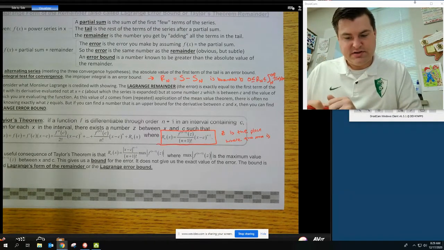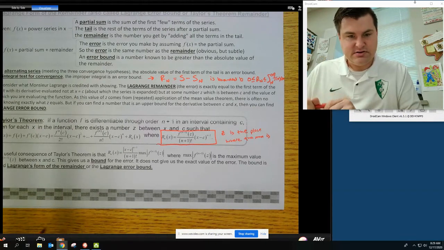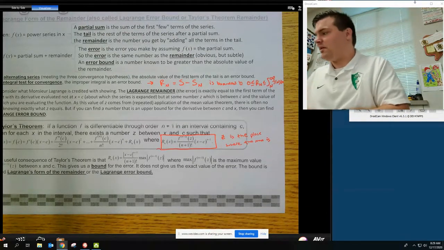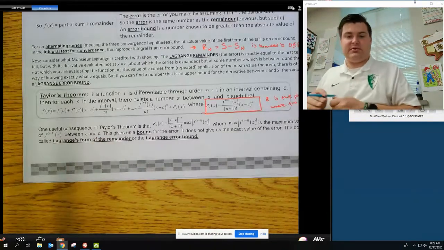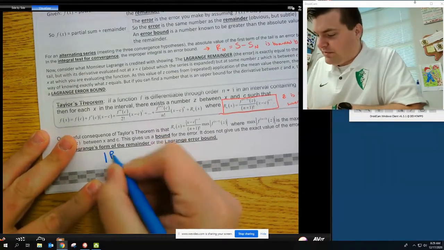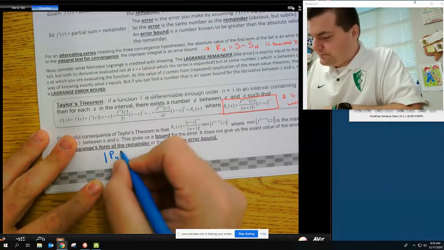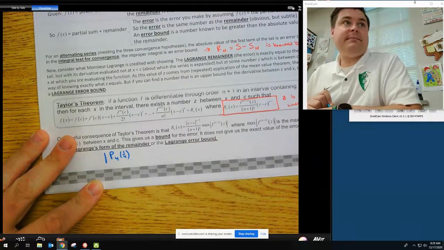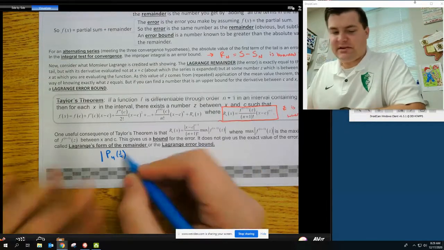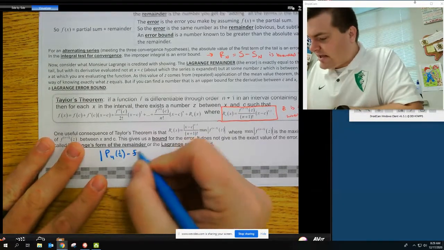I want to talk about notation a little bit, with what we've done so far previously compared to the new notation. Before, we had the polynomial, just picking numbers here, minus the actual function.